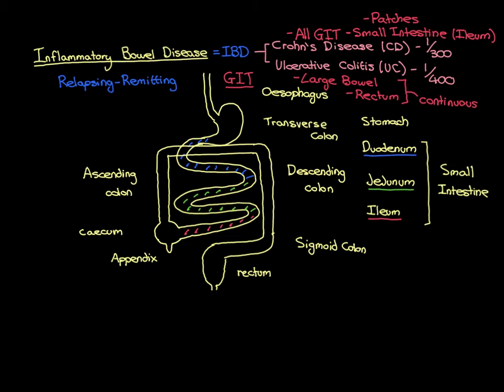So the distribution of the disease is different between Crohn's disease and ulcerative colitis. Another major difference between Crohn's disease and ulcerative colitis, which I'll explain in much more detail later on when we come on to pathophysiology, is the type of inflammation that occurs.